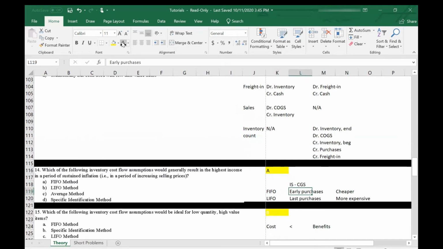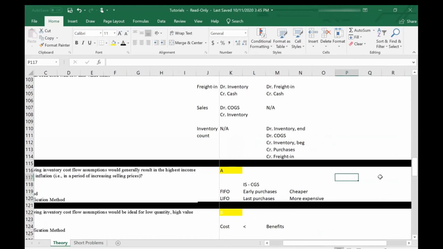Kasi take note, the premise here is that there's an inflation, meaning the prices are increasing. Let's say, for example, that you bought goods in January costing 10 peso. And then you bought goods in February costing 15.